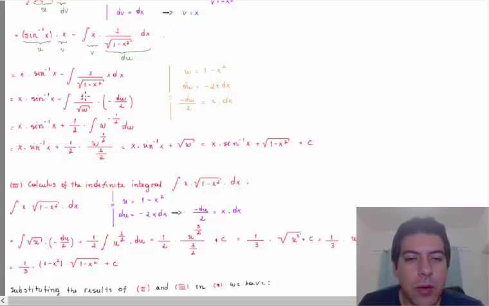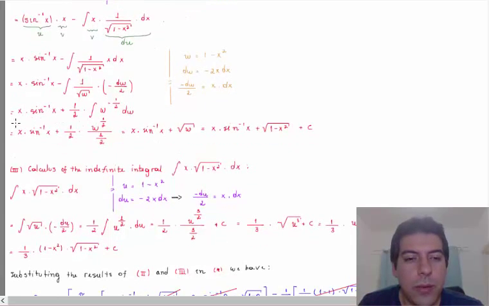And this term 1 over square root of w, I can write as w to minus 1 over 2 dw.